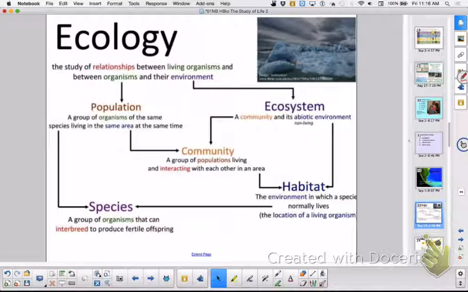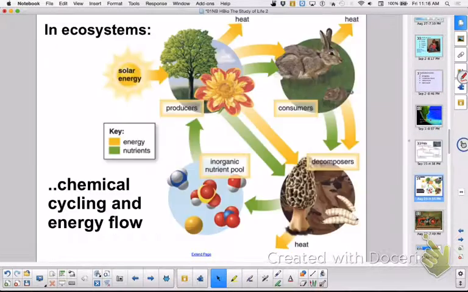Follow the arrows. And Blue, please review this topic about chemical cycling versus energy flow. Go ahead. Blue, this is you.